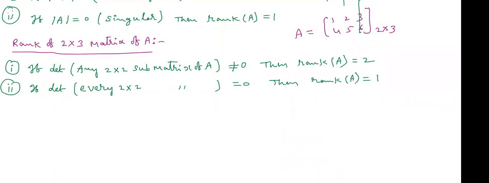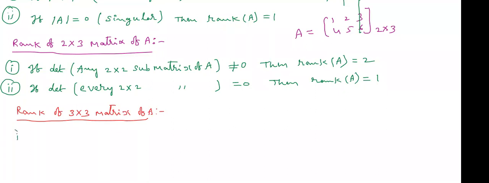Next, how to find the rank of a 3 by 3 matrix. A 3 by 3 matrix is a square matrix only. This is important.